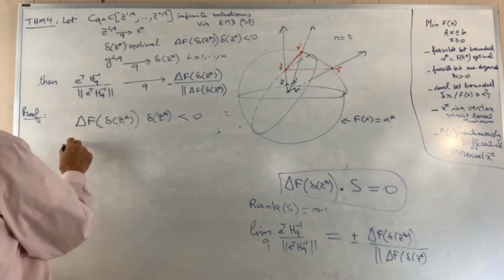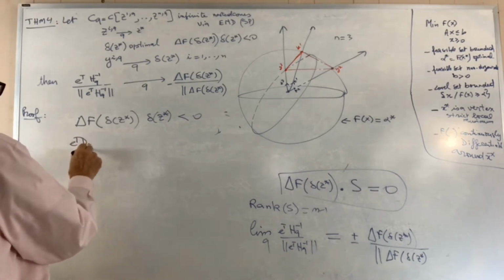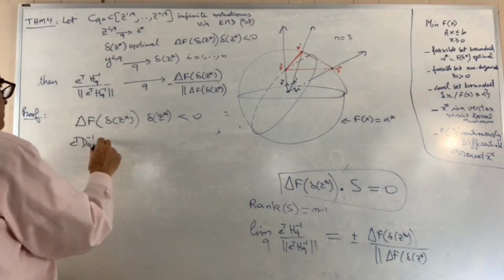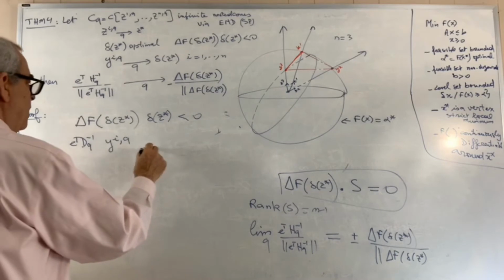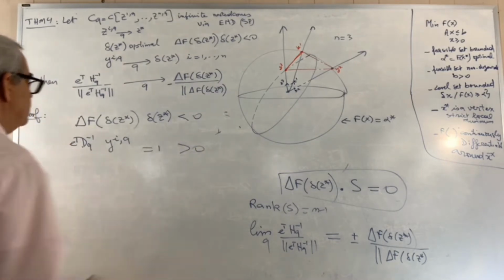And e transpose H_q minus 1 times y_iq is equal to 1, that's strictly positive.